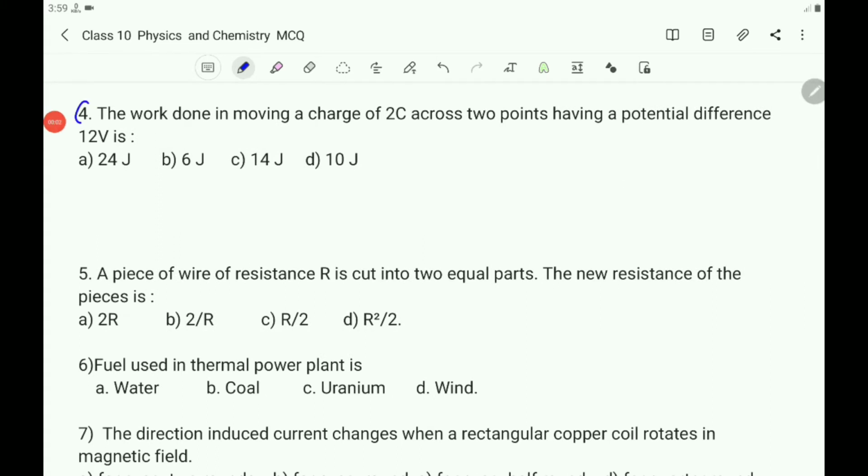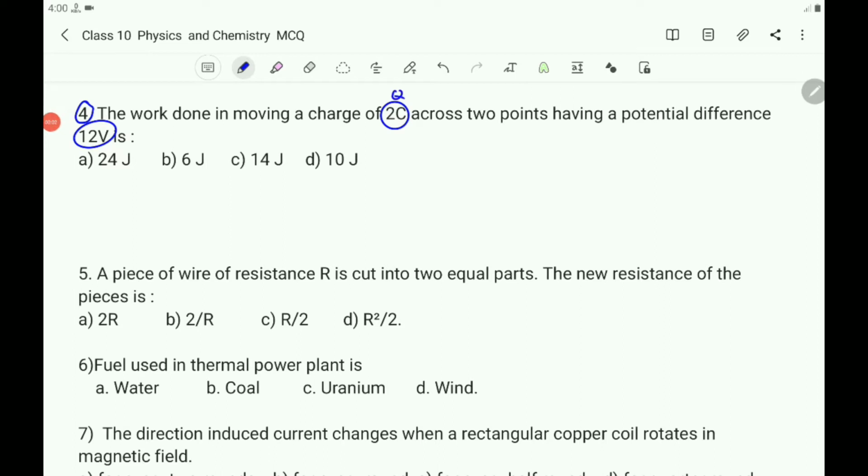Now the fourth question. The work done in moving a charge of 2 C across 2 points having a potential difference of 12 volt.